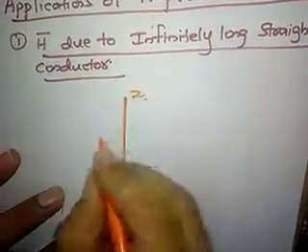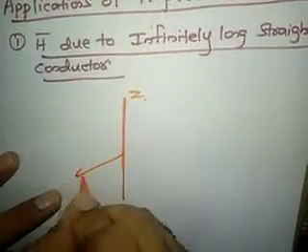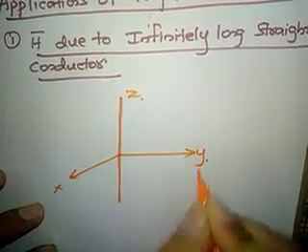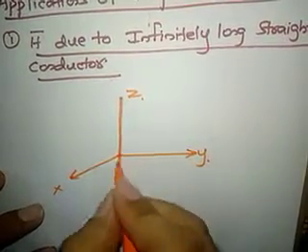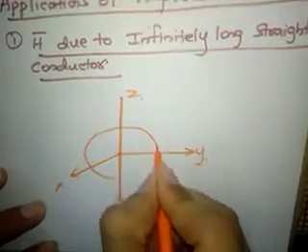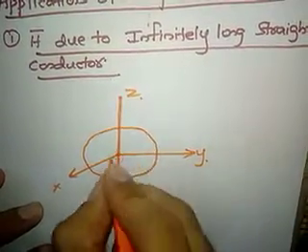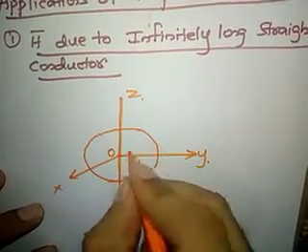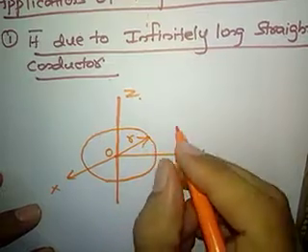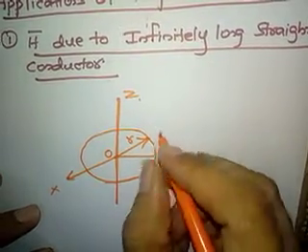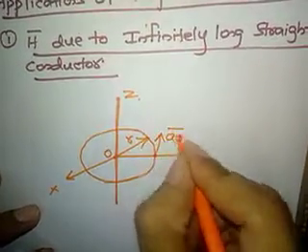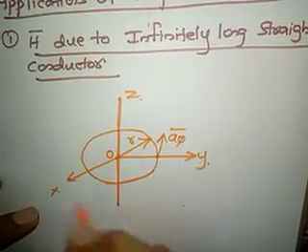Then we have the x axis, then the y axis: x, y and z. Surrounding this conductor there is a closed path of the magnetic flux lines. This is our origin. The radius is r. The elemental length is along the a phi bar direction, tangential to the closed path.